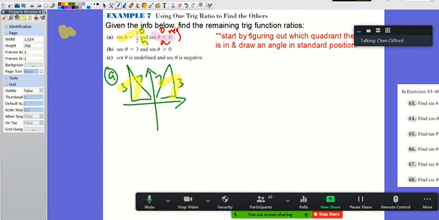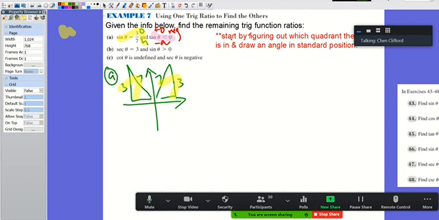If sine is positive 3 over 7, that means it has to be one of these yellow triangles. And in each of these yellow triangles, opposite is positive, which means adjacent must be negative in order to make this pink highlight true.